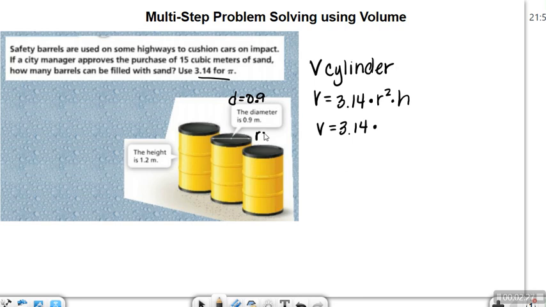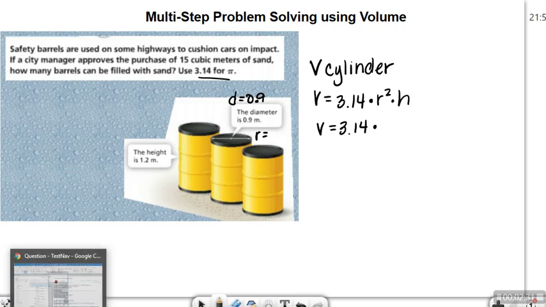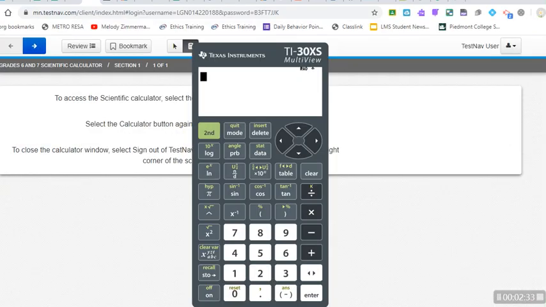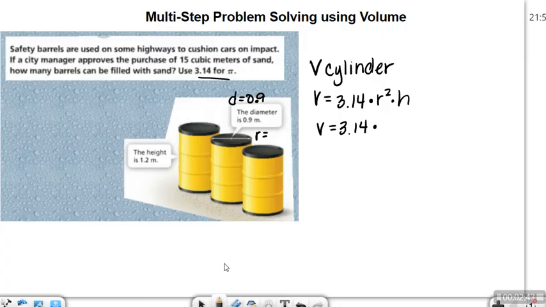So we first need to find what r is. So we know that radius is half of diameter. So we want to go to our calculator. 0.9 divided by 2, because we want to half it. So 0.45. So the radius is 0.45.